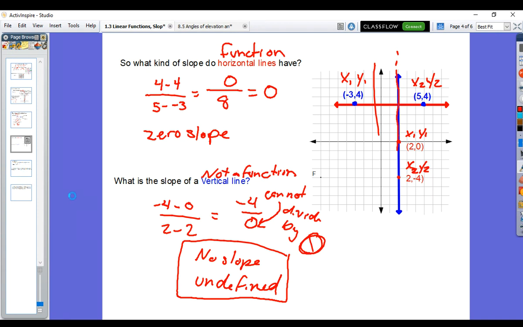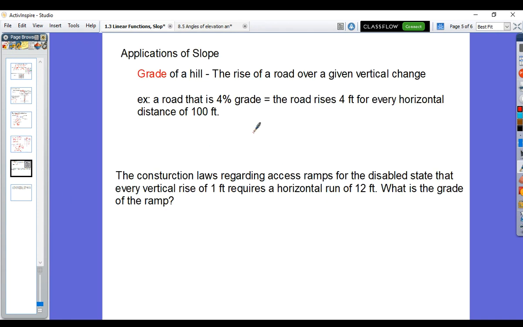Now, let's check out some of this application stuff right here. As far as the application of slope, when you're talking about the grade of a hill, that's where you see it out in the real world. You're talking about the rise of the road over a given distance, going up or down over a certain vertical change.